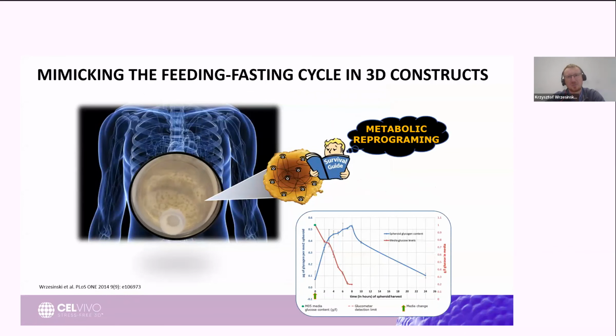But we actually postulated that by allowing extensive cell-to-cell communication and controlling how we deliver nutrients to cells, we can trigger so-called metabolic reprogramming, otherwise named physiological functionalization of our in vitro models.